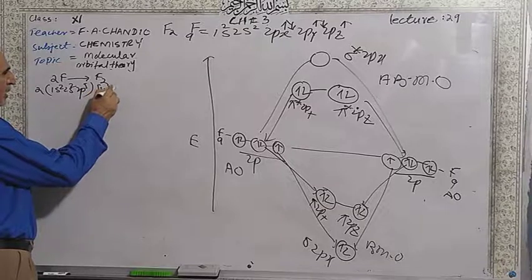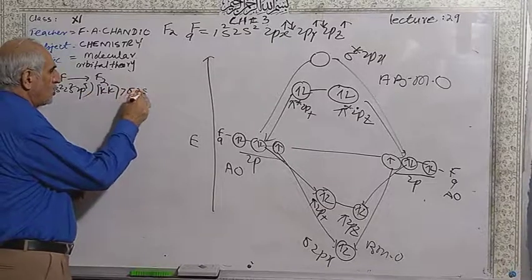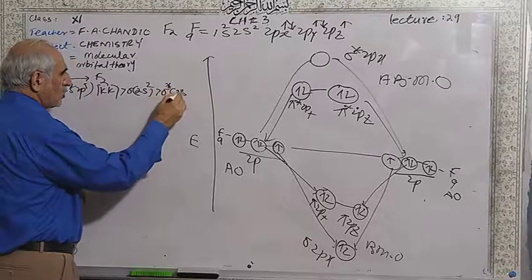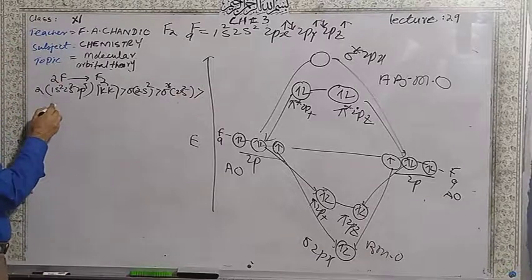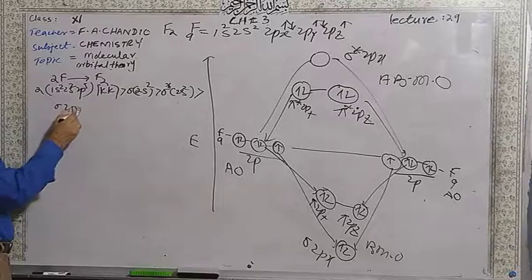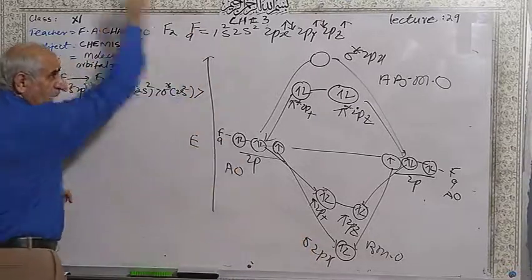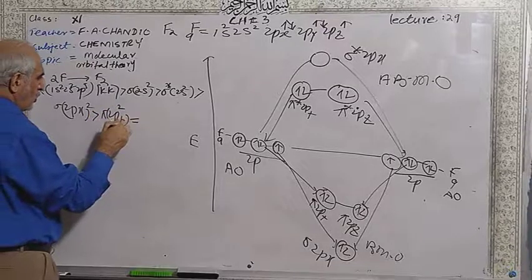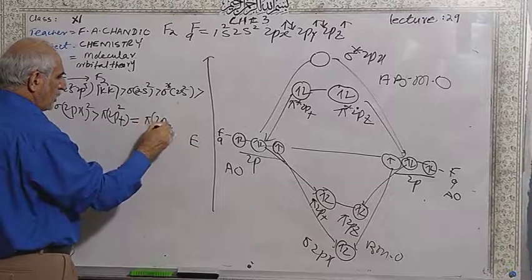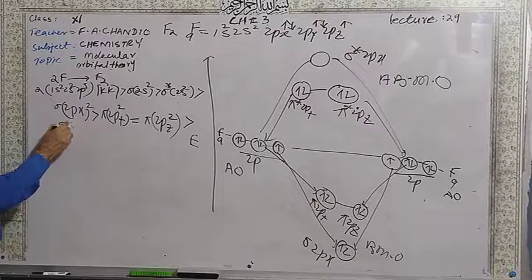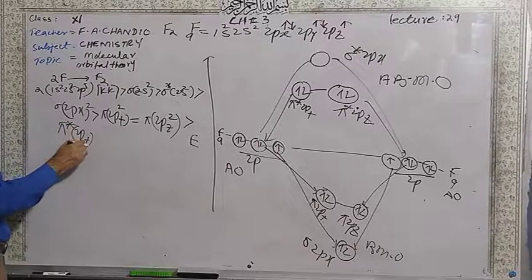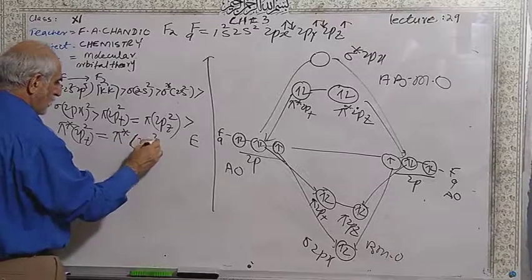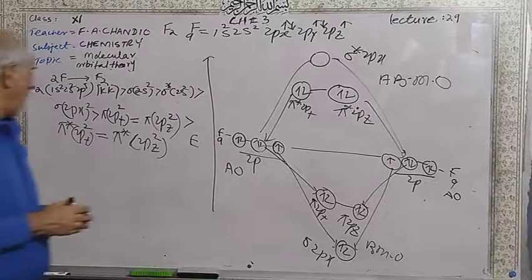So students, the K shell and K shell are filled, then sigma 2s2, then sigma star 2s2, then sigma 2px, which has lower energy, then at higher energy pi 2py2 equal to pi 2pz2, then pi star 2py2 equal to pi star 2pz2, and sigma star 2px is empty.